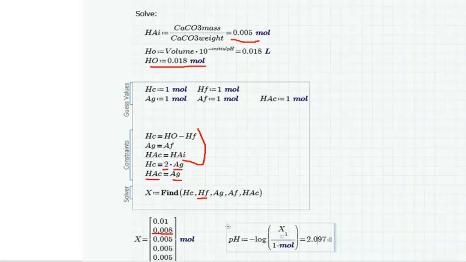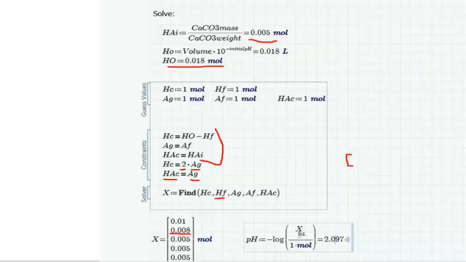So how we extract this number out of that vector is you're going to do x, open bracket, and then a 1 value, and it's 1 because MathCAD actually counts this first position as the 0 position, so this 0.008 number is actually in the 1 position. So our final answer is going to be about 2.1 here.